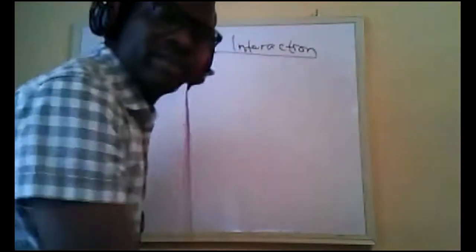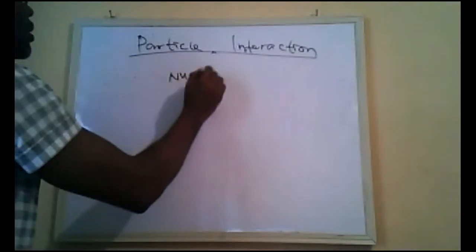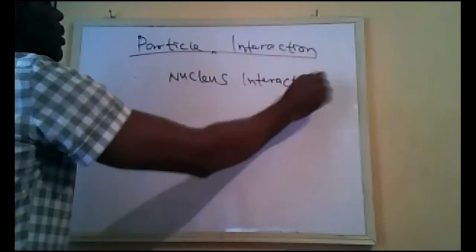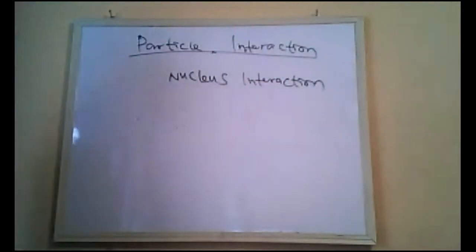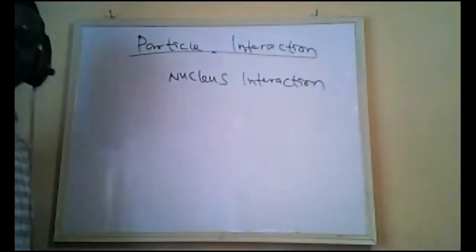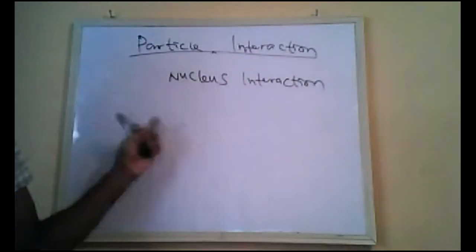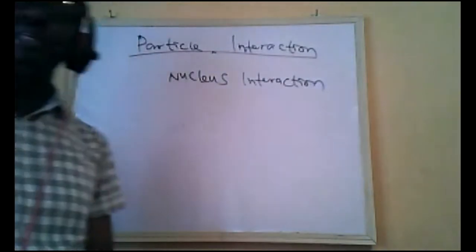So we're looking at nucleus interaction. I said when a particle interacts with the nucleus, most times it is a charged particle. This time we've been talking about charged particle interaction, not uncharged particles like neutrons.